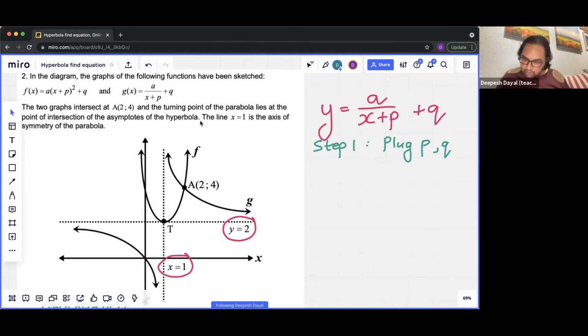So I've got y equals a over x minus 1 plus 2. Is this correct? Yes or no?